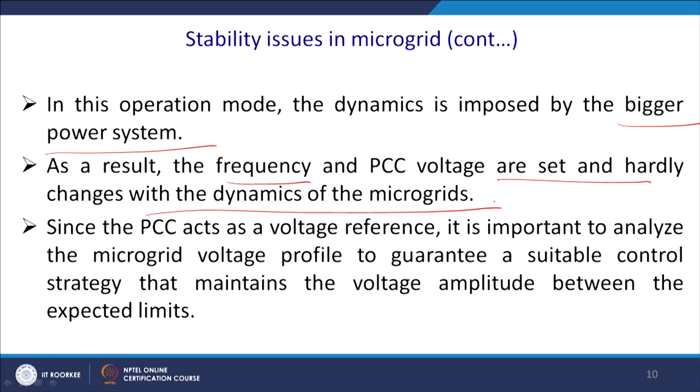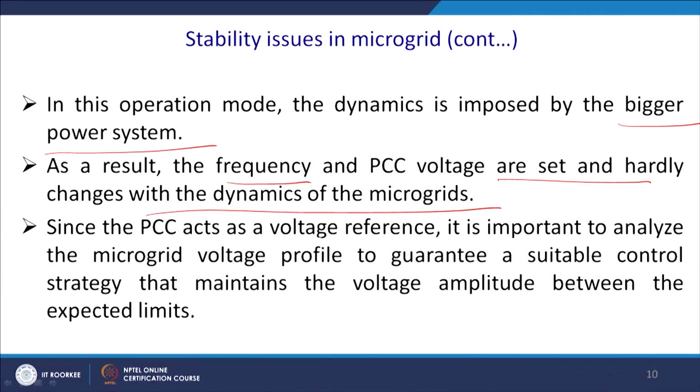Since your main grid is very rigid, think about the Indian grid, we have only one grid courtesy of the Power Grid Corporation of India. It has a huge inertia, and so a sudden small change in the microgrid is not going to affect anything in our main grid.